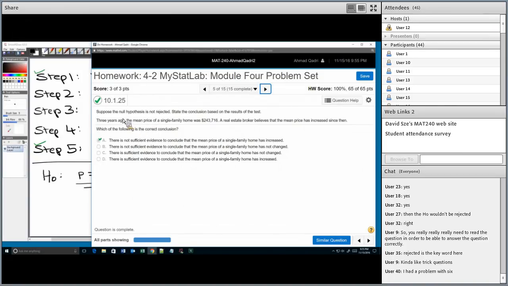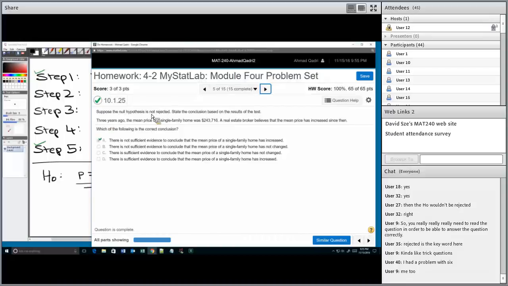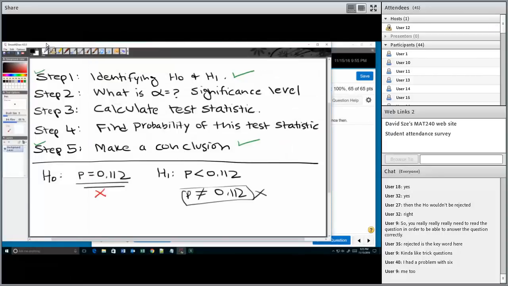All right, let's take a look at this. Now you will help with this problem. Suppose the null hypothesis is not rejected. 3 years ago, the mean price was 240,000. A real estate broker believes the mean price has increased. So my question to you is, can you type the null and the alternative hypotheses for this problem?